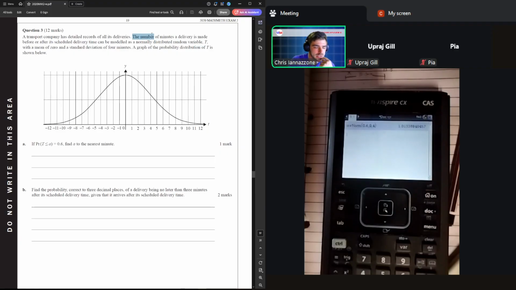Definitely spend some time to get your head around the scenario. This is the number of minutes a delivery is made before or after its scheduled delivery time. So a mean of 0 means it arrives on time. Any positive number... Yeah, okay, that's a bit tricky.